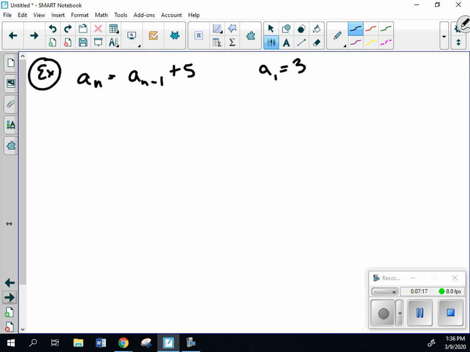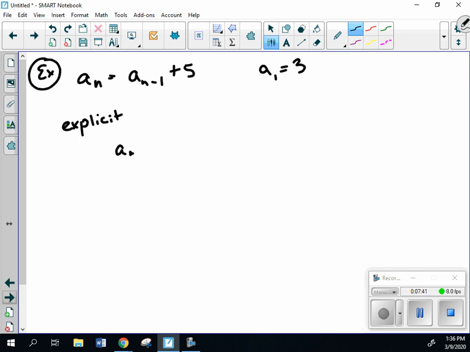So if I rewrite this in explicit form, I could then work through and prove by mathematical induction that it is the correct formula or rule. So we're going to rewrite this into explicit form.